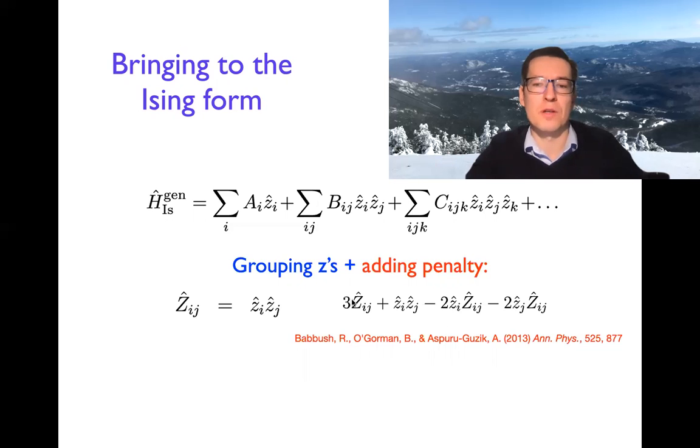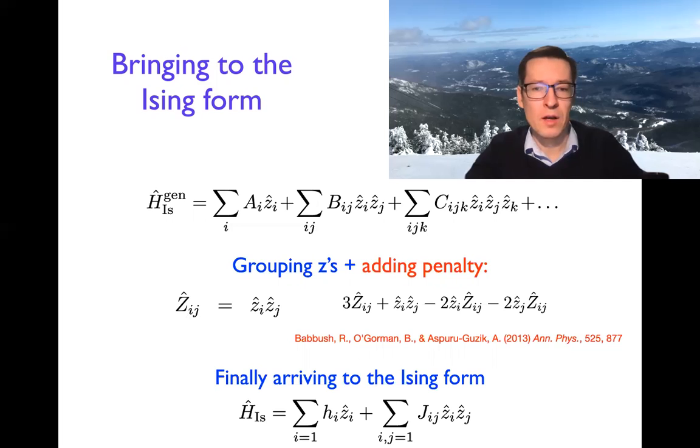So you kind of penalize for this big Z being different from the product of small z's. The details are reported in this paper where this penalty was first introduced. All right, so if you use that penalty, you essentially introduce only quadratic terms and linear terms. And so by grouping those z's, you can essentially obtain the Ising form.